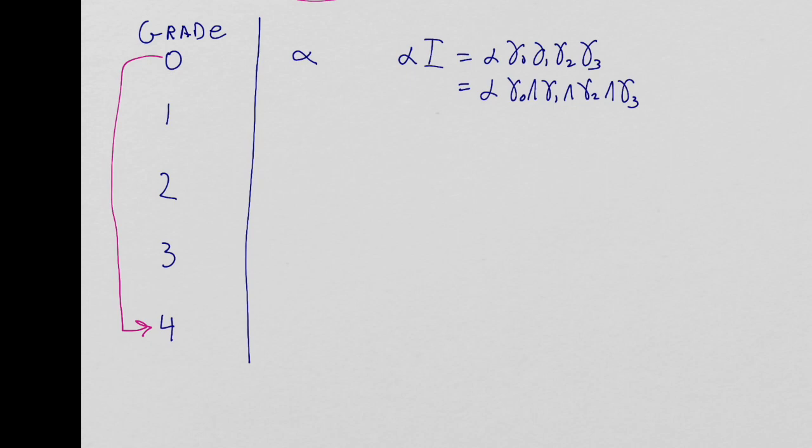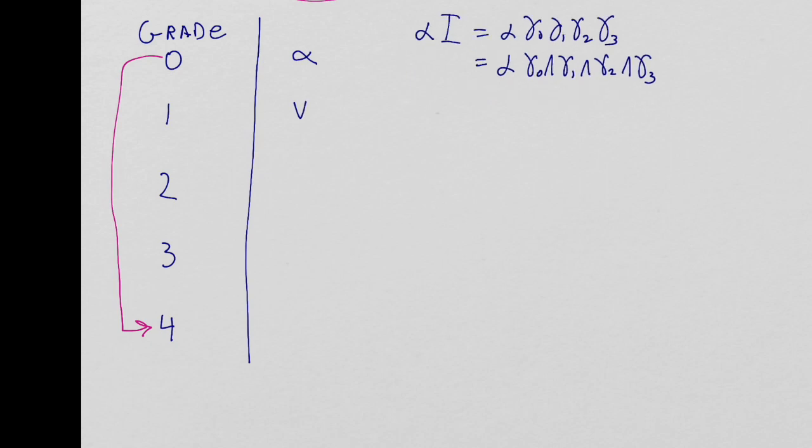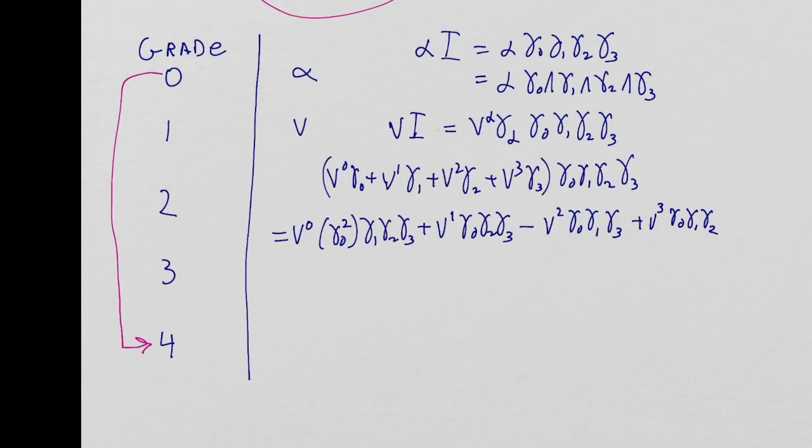All right, let's do it for vectors. We start with an object V, and now I'm going to multiply V by I. And V is, let's do this in full formality, V alpha gamma alpha, and then I have gamma 0, gamma 1, gamma 2, gamma 3, right? Let's go ahead and blow it all the way up.